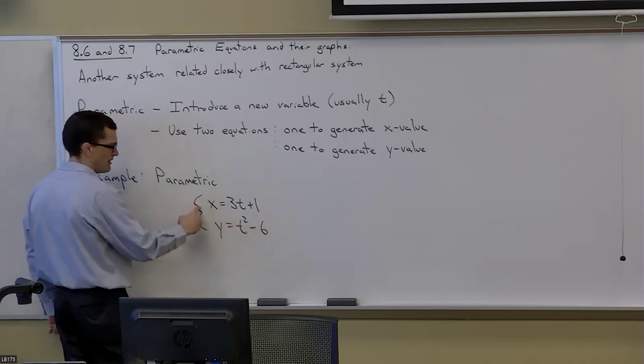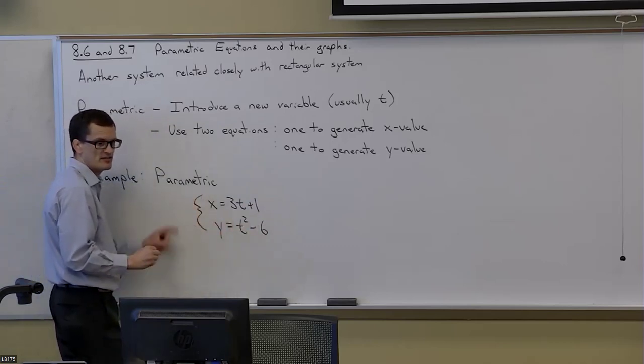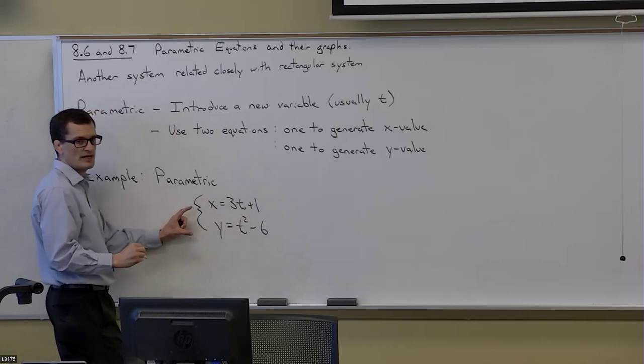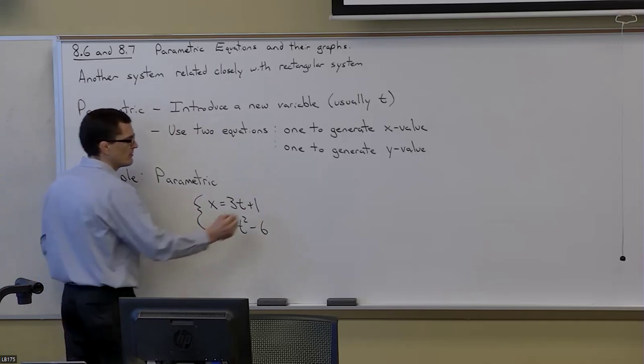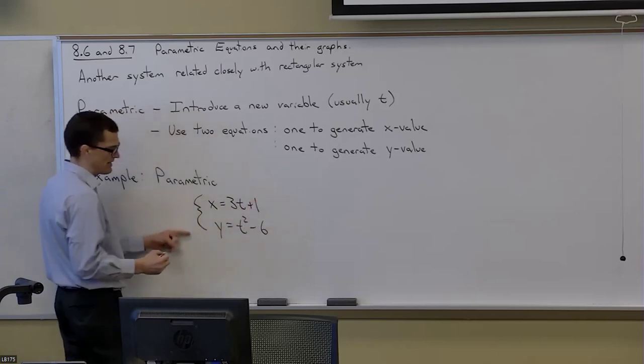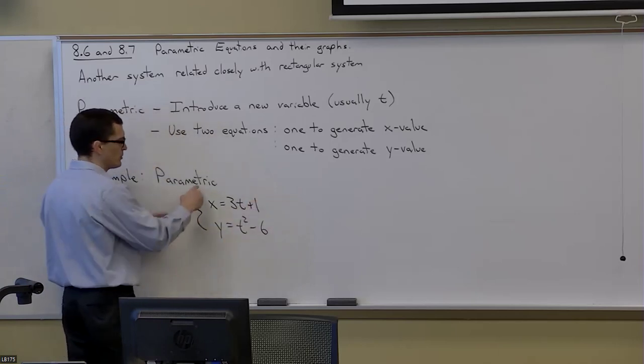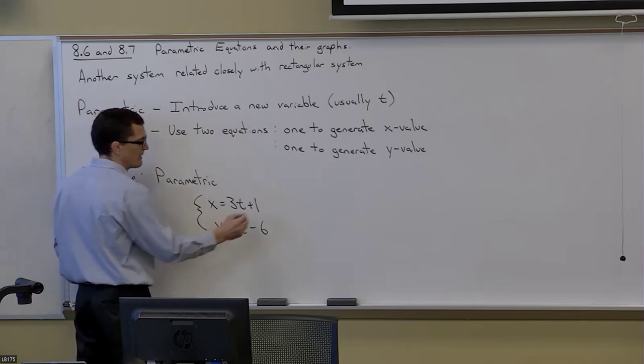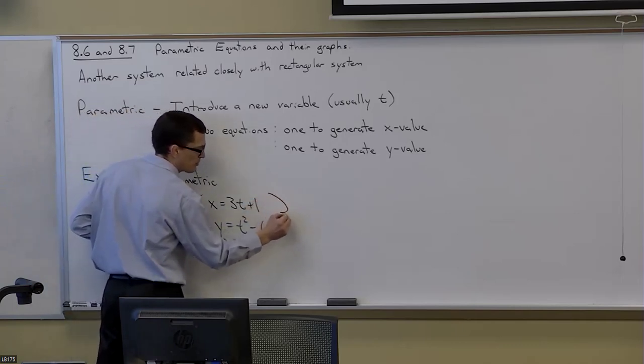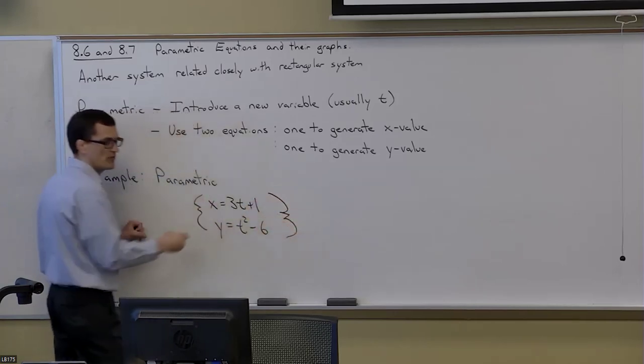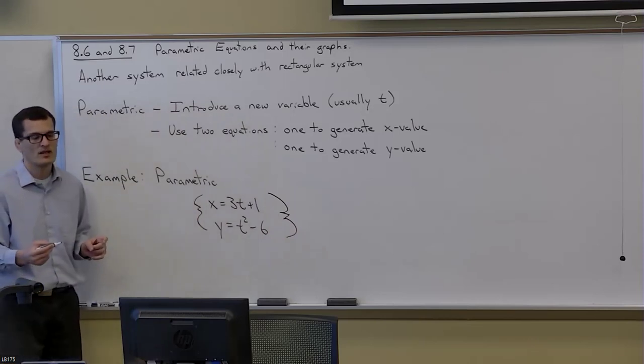Sometimes people put the little set brackets to denote that these two are a pair of parametric equations that belong together. Sometimes people put just the set brackets on the left. Sometimes people won't include the set brackets. Sometimes people include the set brackets around both, right?